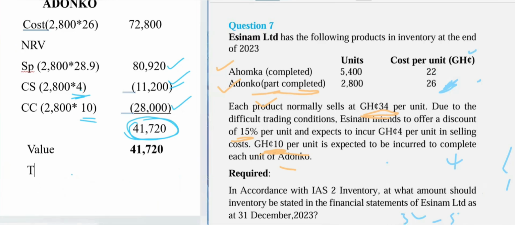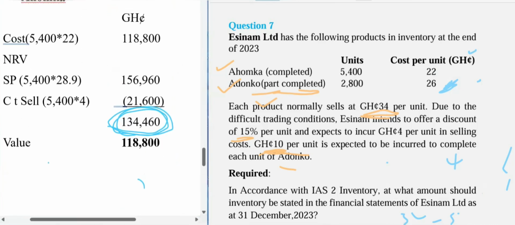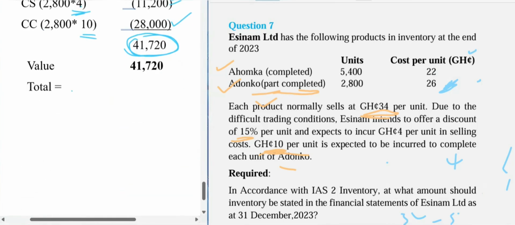The total value of inventory will be equal to, we said for this one we use 118,800, and for this one we are using 47, that is 41,720, plus. So we sum everything.